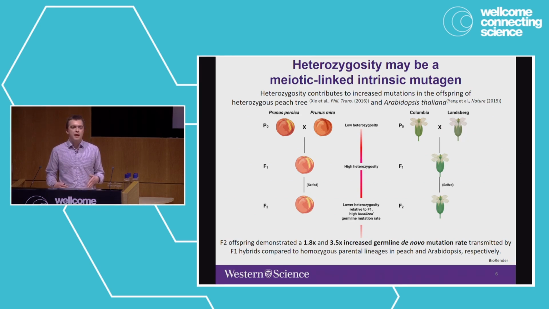So there is an increased amount of mutations surrounding those clusters of heterozygosity derived from the F1. Specifically, this increased the mutation rate by 1.8 times in the peach tree and 3.5 times in the Arabidopsis model.